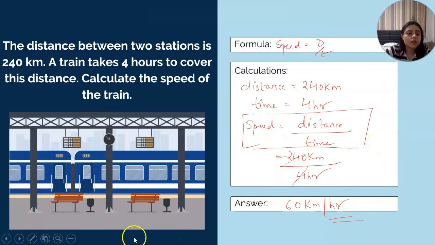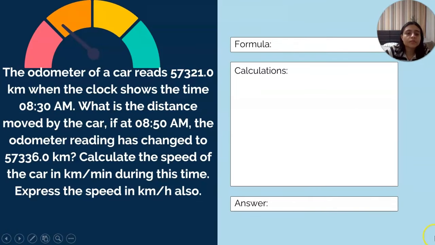Now let's see the next question. There is an odometer of a car which reads 57321.0 kilometers when the clock shows the time 8:30 a.m. So what is the distance moved by the car if at 8:50 a.m. the odometer reading has changed to this?